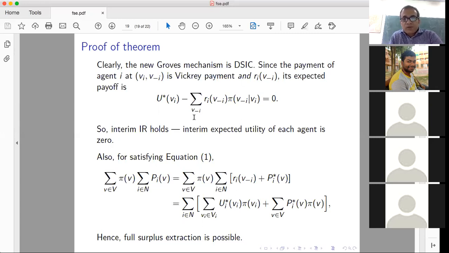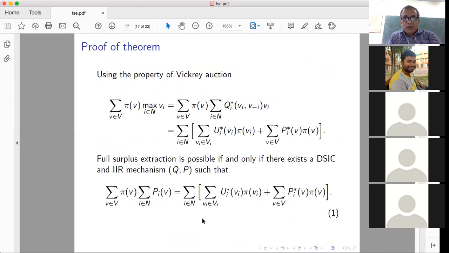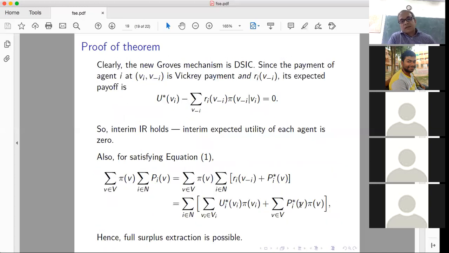By this particular formula, you can write this R_i(v_-i) expectation in terms of U*_i, and this P*_i remains as it is. And remember, that's what we had shown here, that for full surplus extraction we just needed to show this. So we have shown that full surplus extraction is possible.